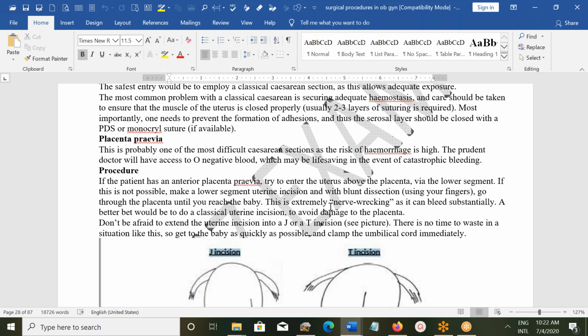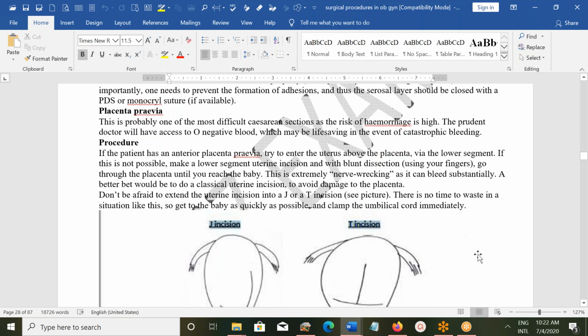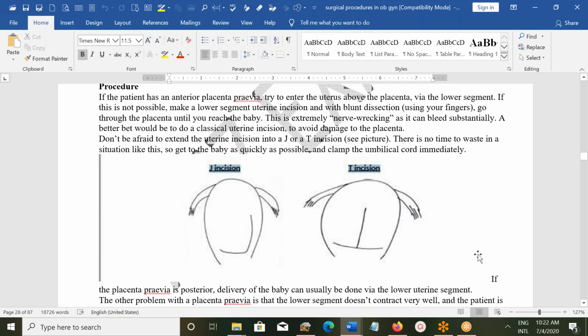A better way would be to do a classical uterine incision to avoid damage to the placenta. One should not be afraid to increase the uterine incision into a J or T shape, and there is no time to waste in situations like this. Get the baby out as quickly as possible and clamp the umbilical cord immediately.